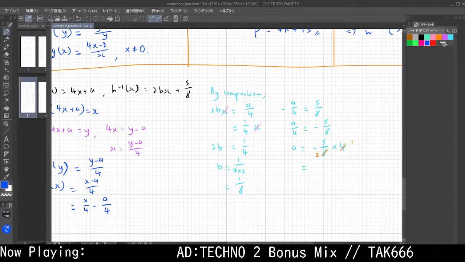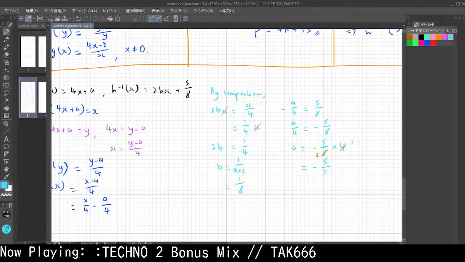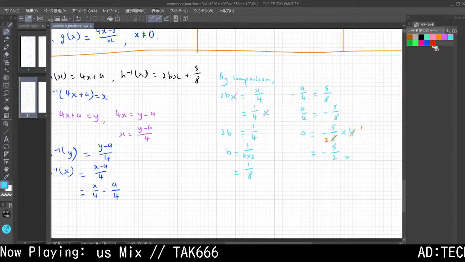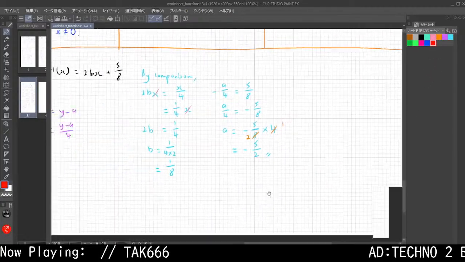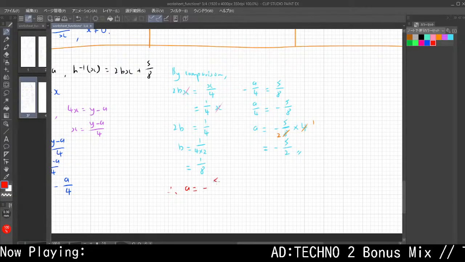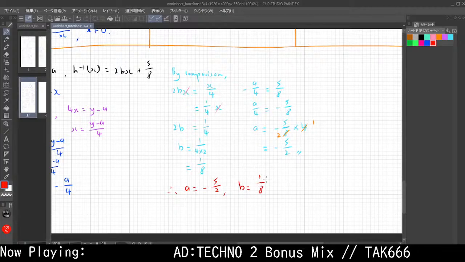So you get a equal to negative 5 over 2. Nothing else you need to do. This should be your answer. Tidy up. Therefore, your final answer for this question is a equals negative 5 over 2 and b equals 1 over 8.